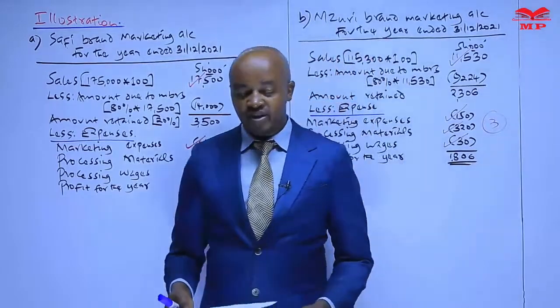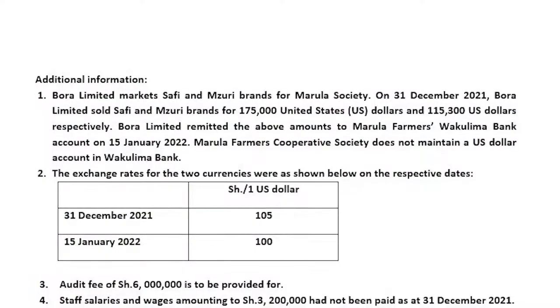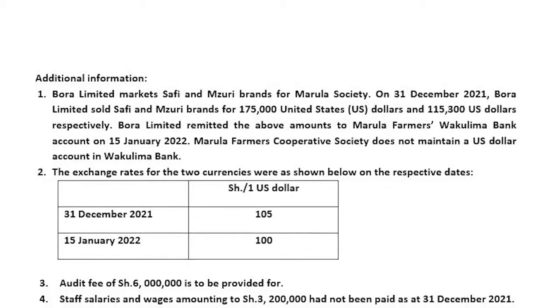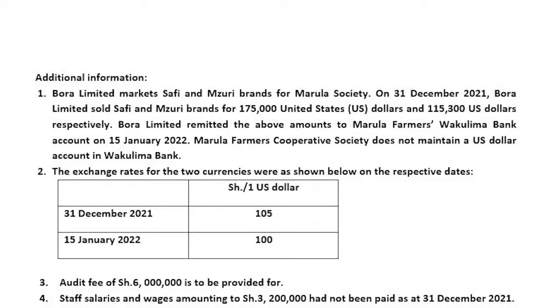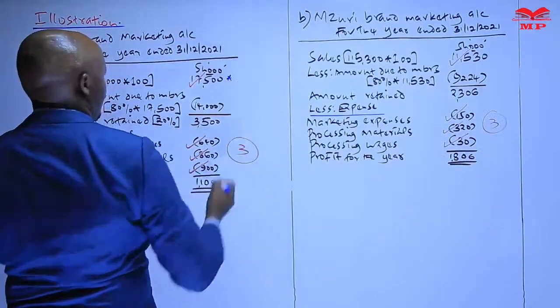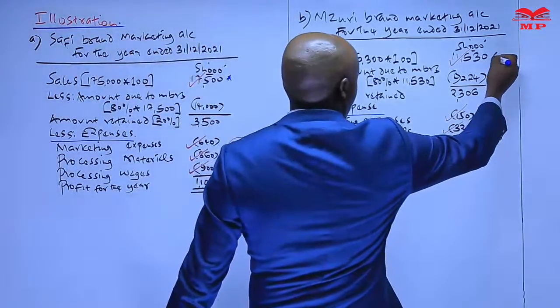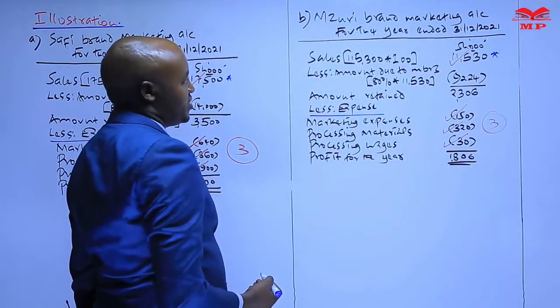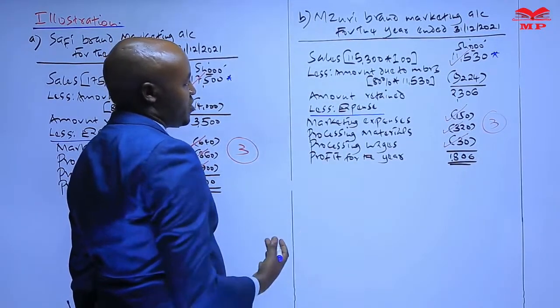As per the information given in note 1, this agency had not remitted this amount of money to the bank account of the cooperative society as at the end of the year. So therefore, this amount here, 17,500, and also this one, 11,530, it was an amount which the agency owed to the cooperative society.